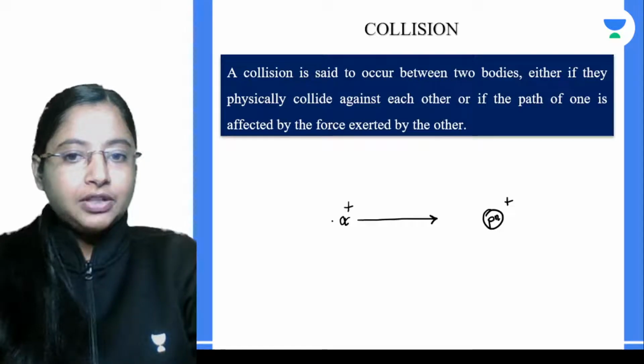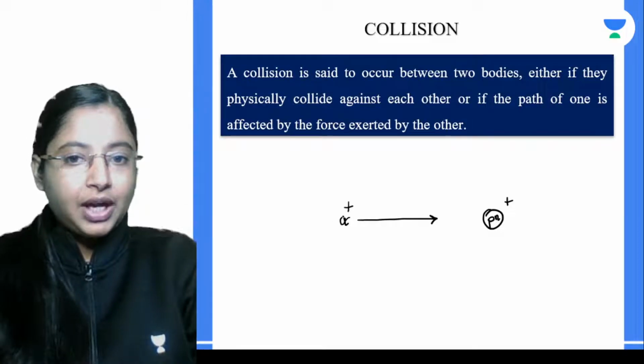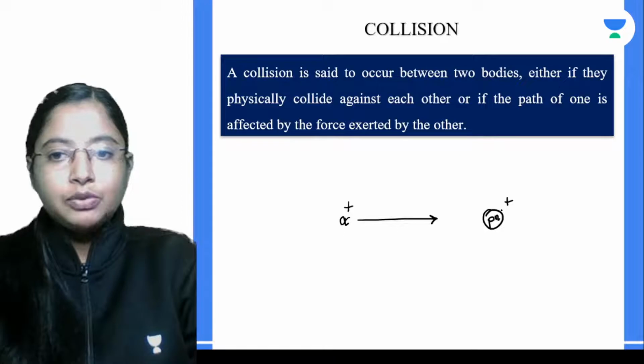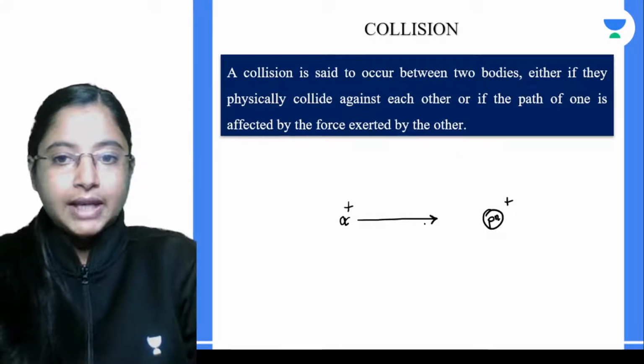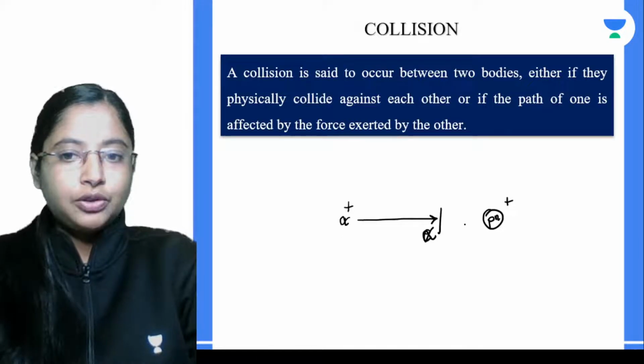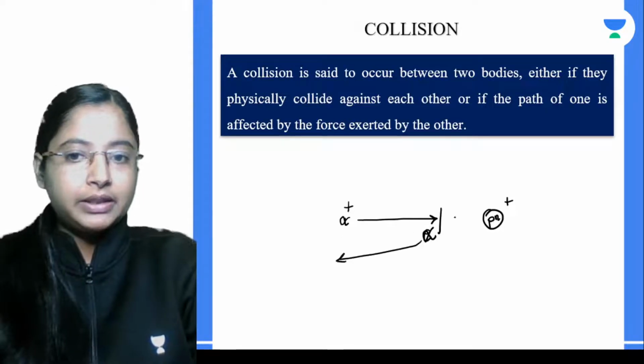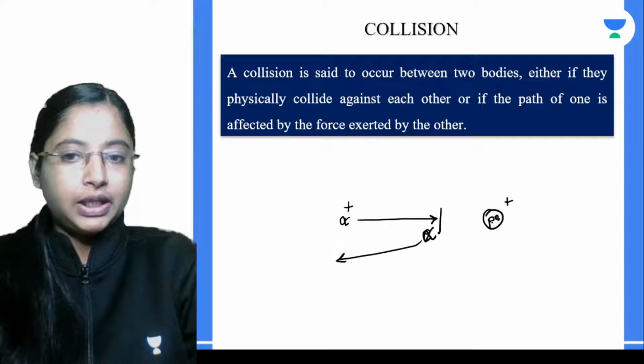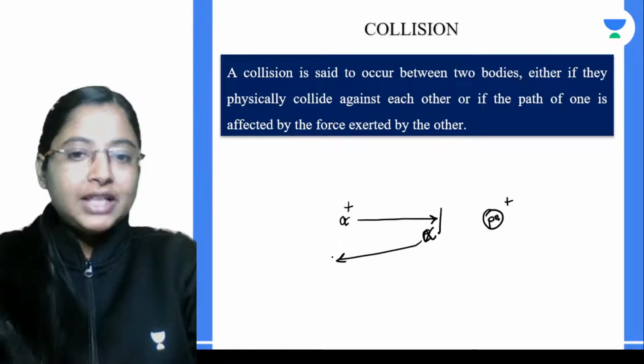So the alpha particle that comes towards the nucleus, as it reaches one particular point, since these two particles are both positive in nature, will be repelled by the charge of the nucleus, and it would change its path.